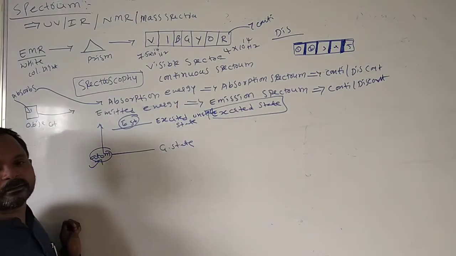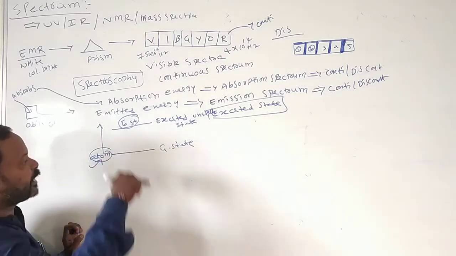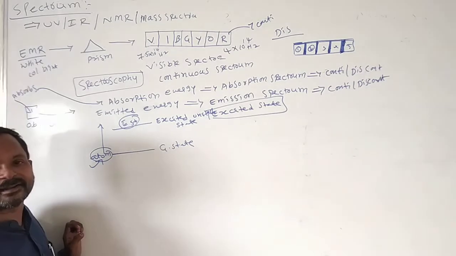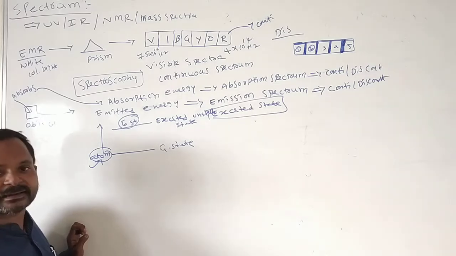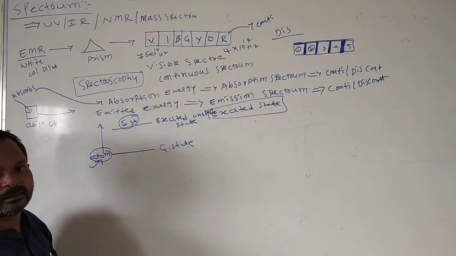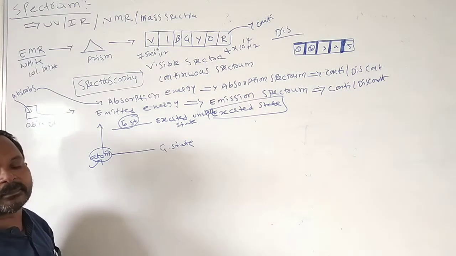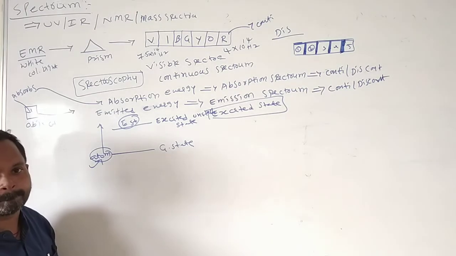All these atoms definitely come to the ground state by emitting energy. That energy we call emitted energy. If emitted energy passes through a prism, we get the emission spectrum.